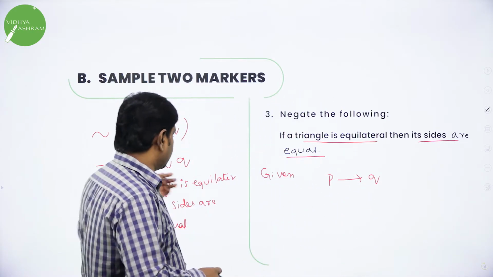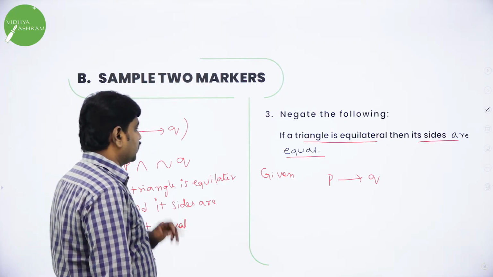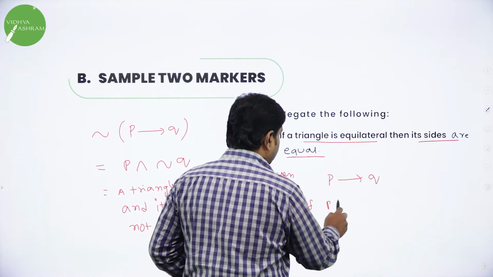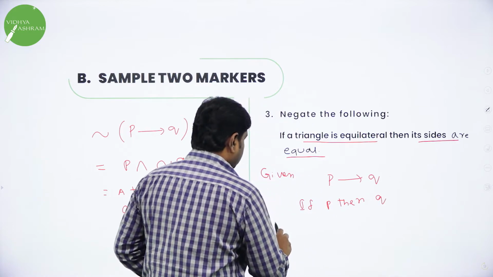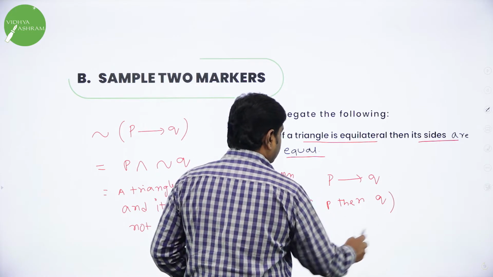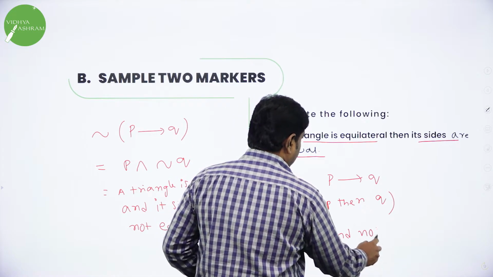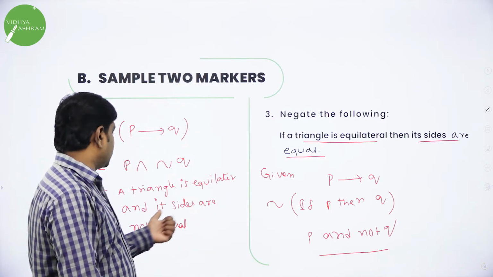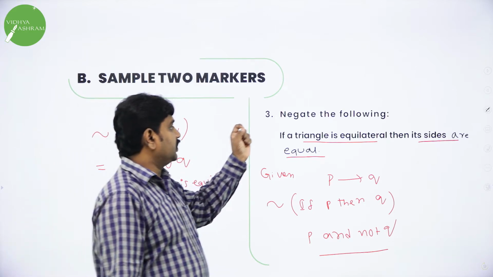This is the answer, P and not Q. When you write P and not Q in verbal form, we get: a triangle is equilateral and its sides are not equal. So by now we have done negation.